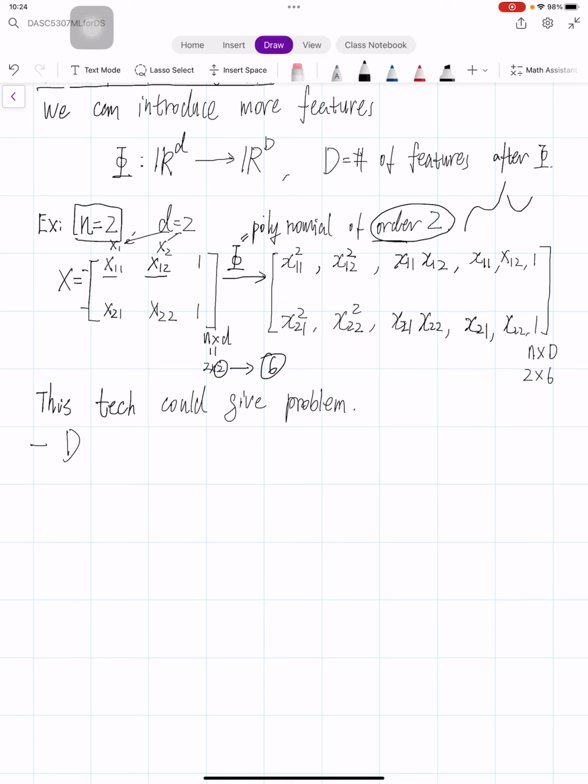So degree p polynomials blow up the number of features.